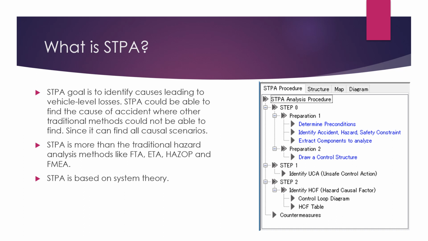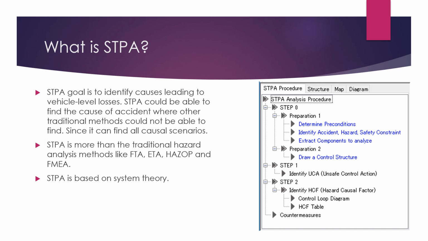We can say STPA is able to find the cause of an accident where other traditional methods could not, since it can find all causal scenarios. So STPA is more than traditional hazard analysis methods like FTA, ETA, HAZOP and FMEA. STPA is based on system theory.